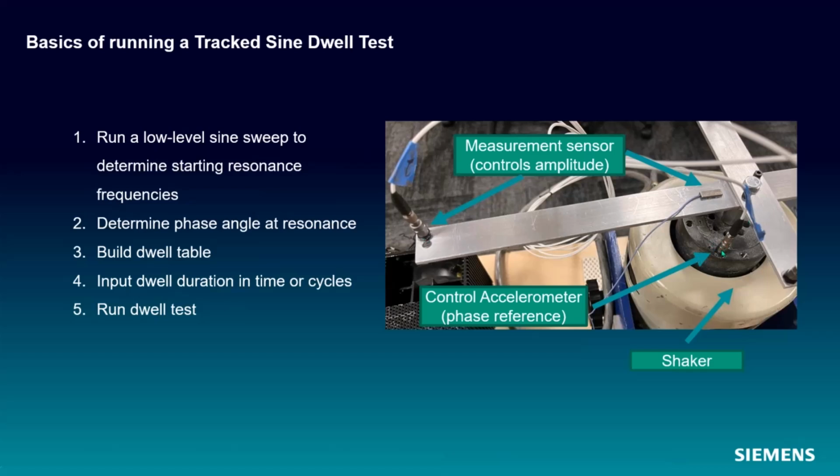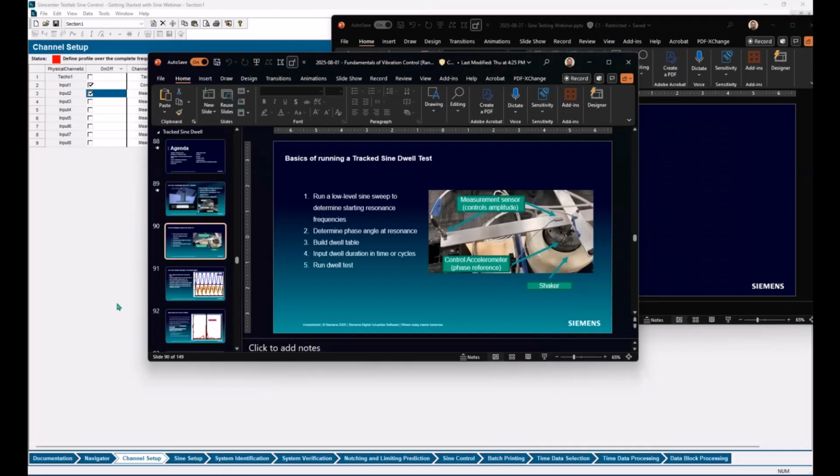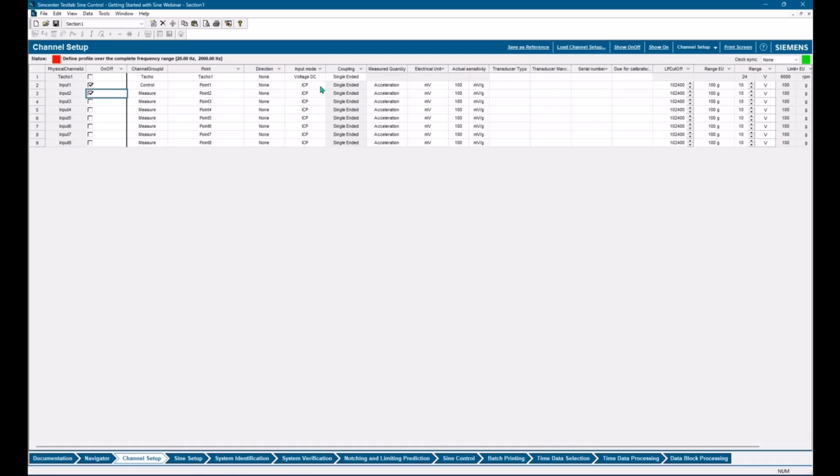And again, this is going to be channel 1, the control channel, and this is going to be channel 2. After that, we put in what other parameters we need, but mostly you want to make sure that your input mode is correct and your actual sensitivity is correct. Now, I'm using two accelerometers that have a nominal 100 millivolt per G sensitivity. So I'm just going to use the nominal sensitivity because I'm not doing an actual test on a $1 million satellite.